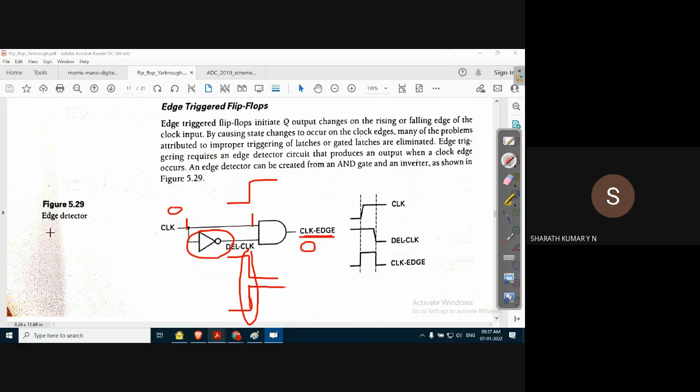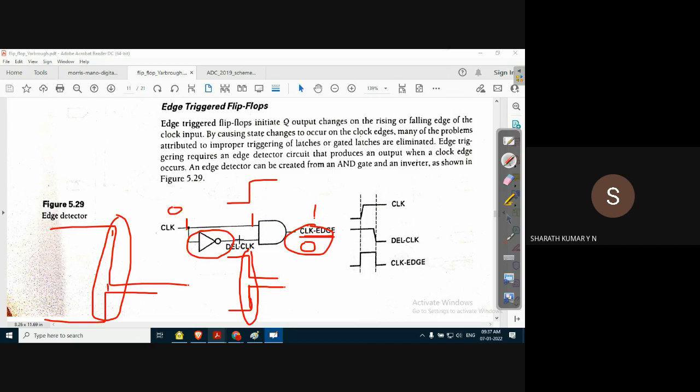If we zoom in and write it clearly, it should be something like this. For a short duration of time both are at logic 1, so the output becomes set to 1.